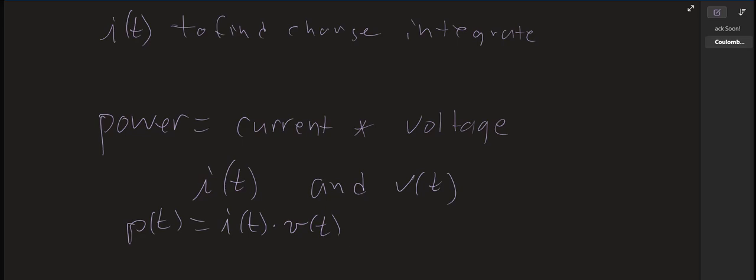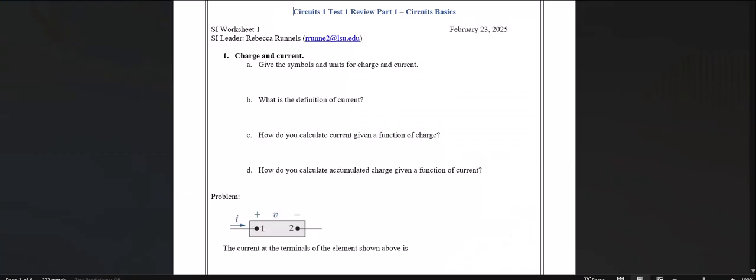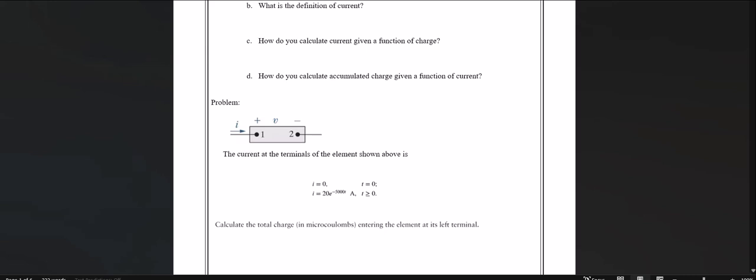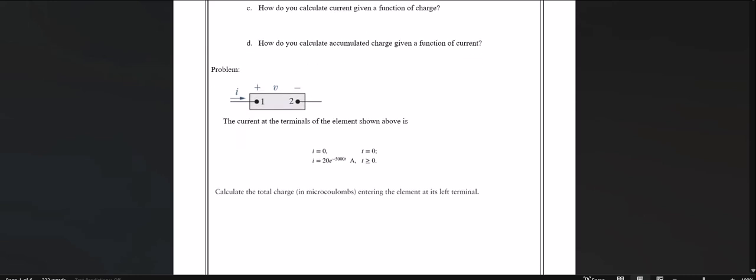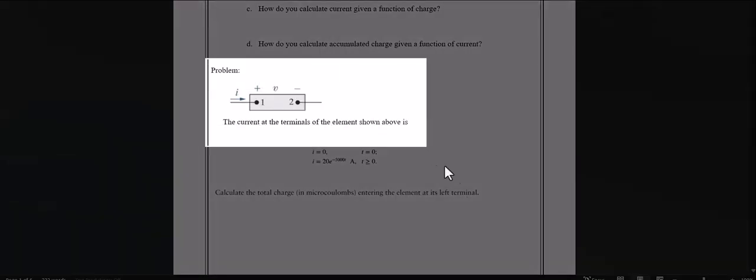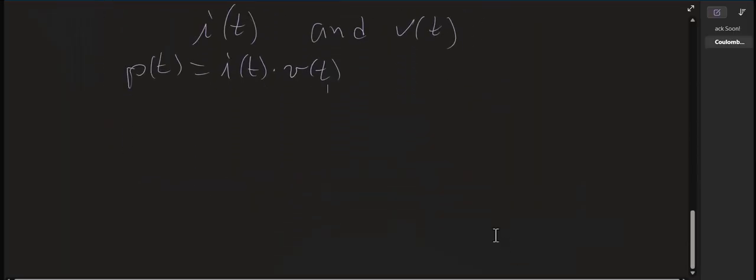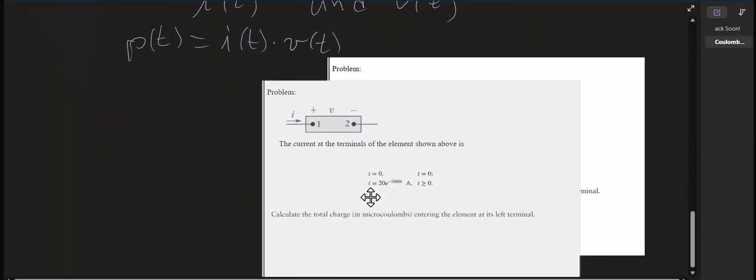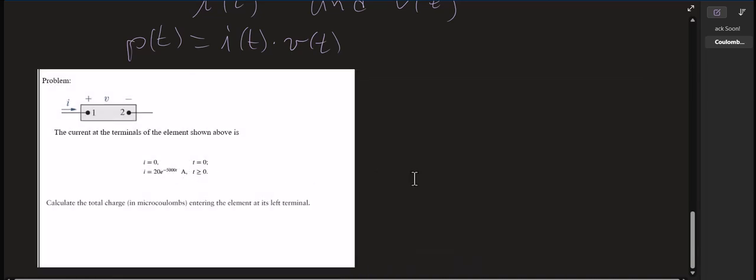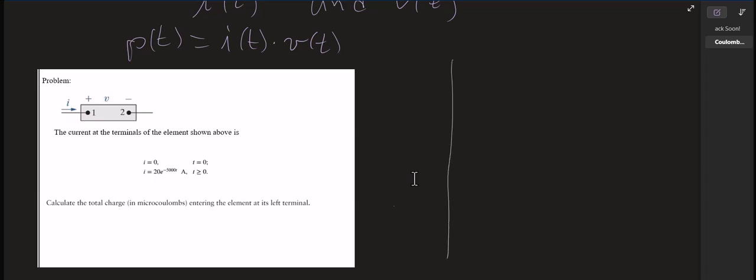Okay, all right, so here is a problem. We have the current that's given as 0 for time less than 0, and then 20e to the negative 5,000t amps for t greater than 0.